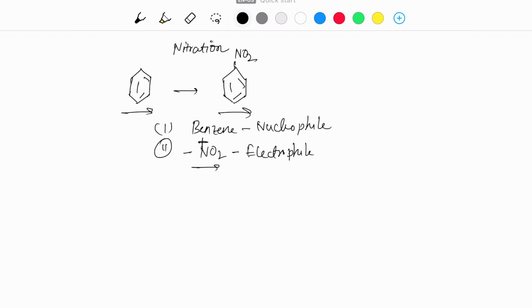Now, to make sure that we somehow produce this positively charged nitro group, we add nitric acid to sulfuric acid. So nitric acid, the structure would be something like this.